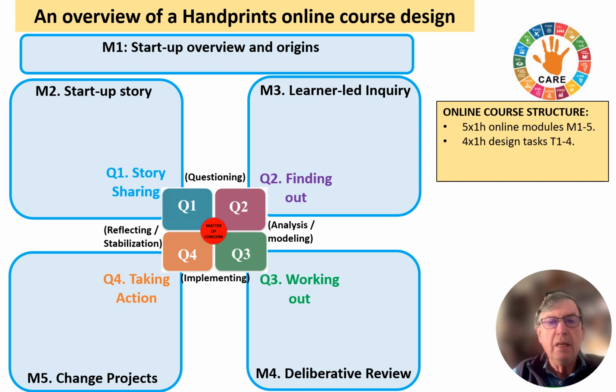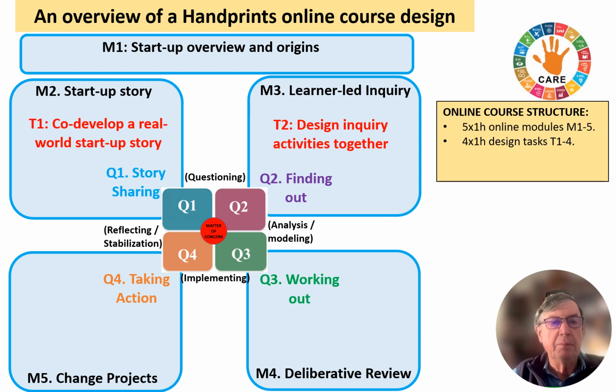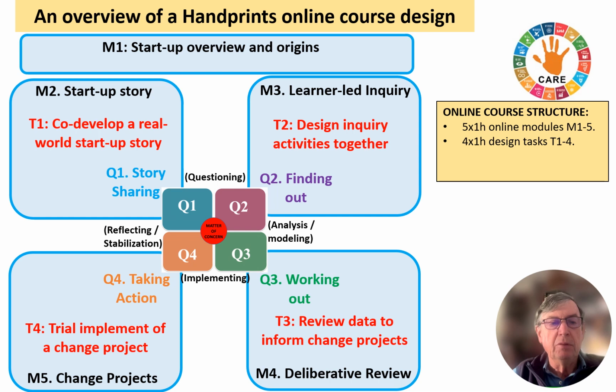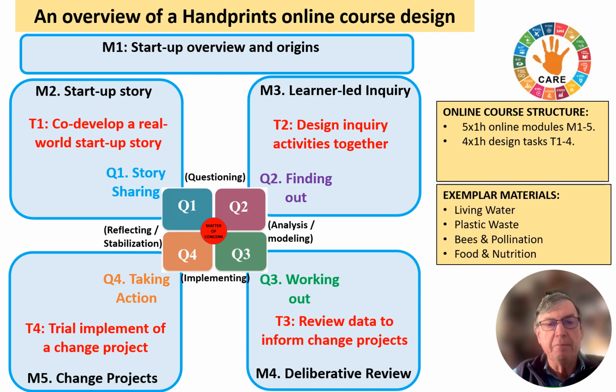And there'd be 4 tasks, T1 to 4: the co-development of real-world startup stories, the design of an inquiry activity together, the review of the outcome of that inquiry to inform a possible change project, and the trial implementation of a change project with reflection.